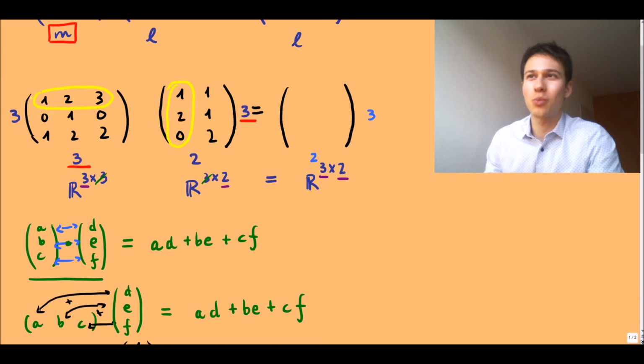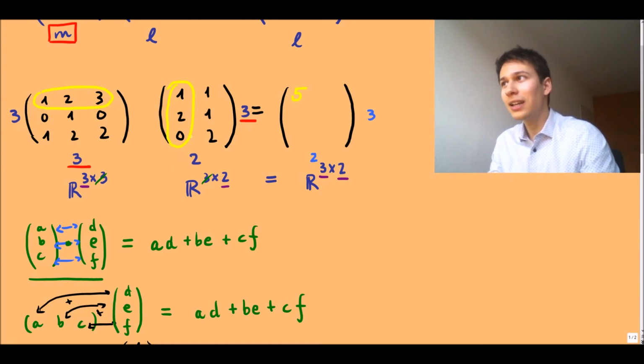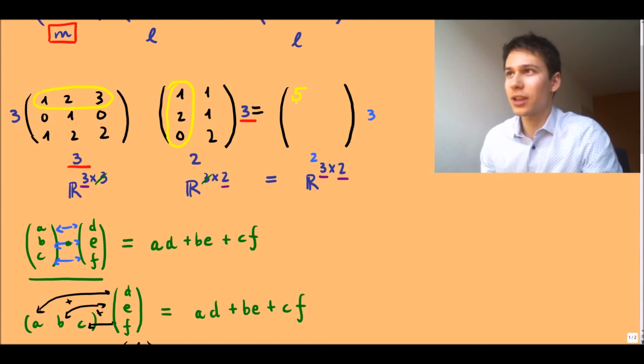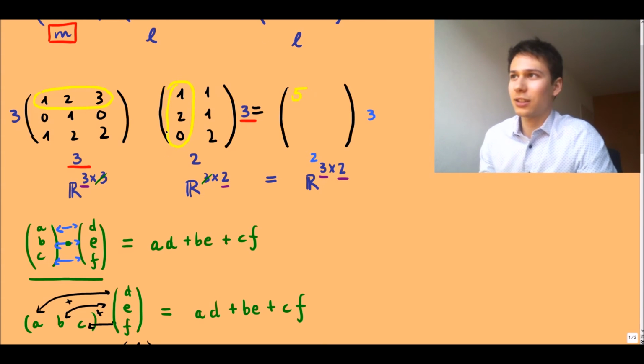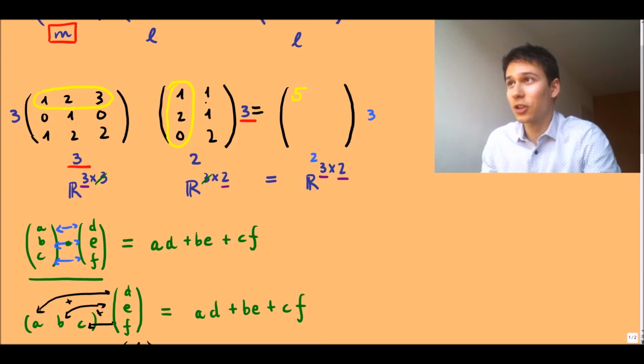So you get a 1 times 1 plus 2 times 2 plus 3 times 0, which gives us a 5 up here. And you get the second entry by now looking at the scalar product between again this first row vector together with the second column vector. So you get a 1 plus 2 plus 6, which gives us 9 up here.